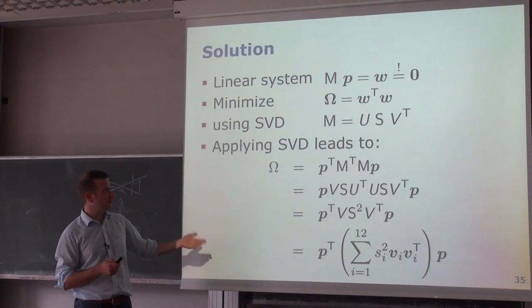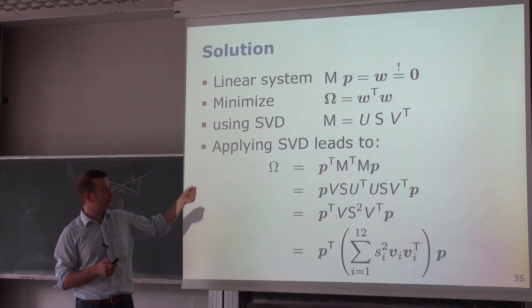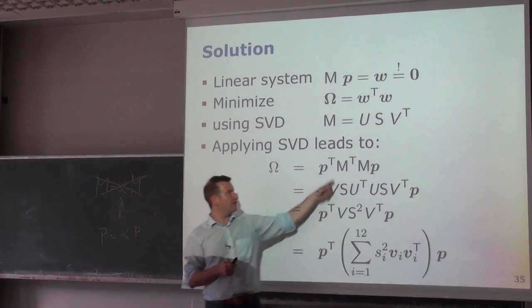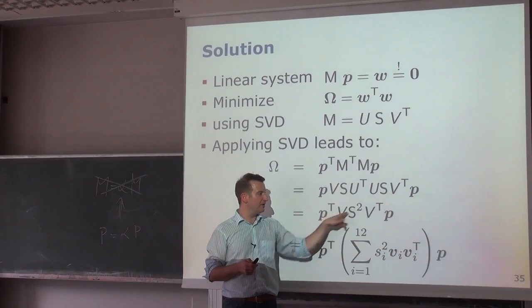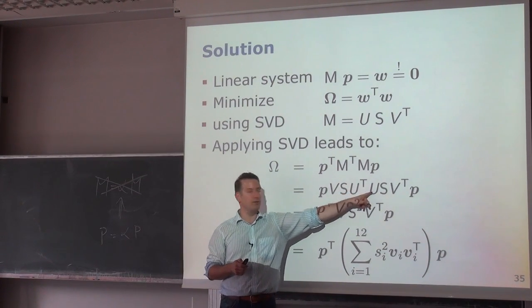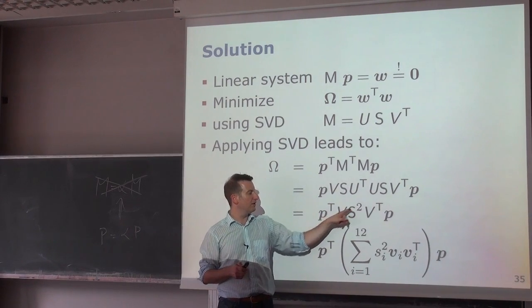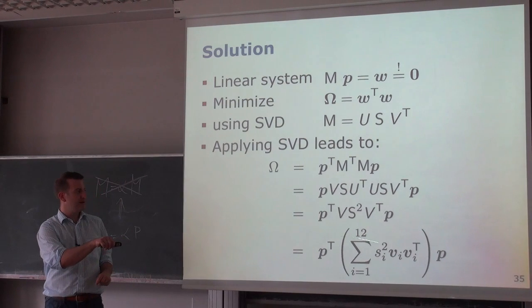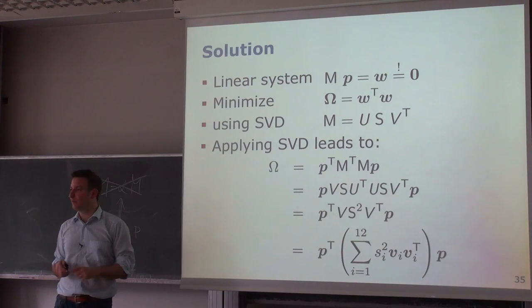So what I just did so far is, using the definition of the squared errors and applying the SVD to the matrix M, do some trivial replacements by just saying U transpose U is the identity matrix, and then squaring the elements on the main diagonal, and then I end up with this equation.